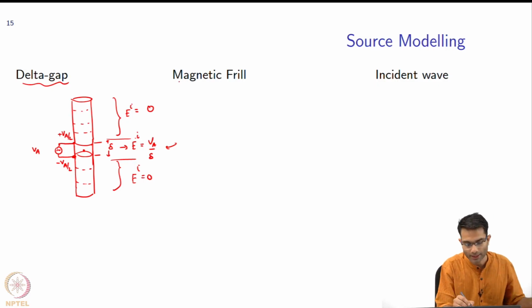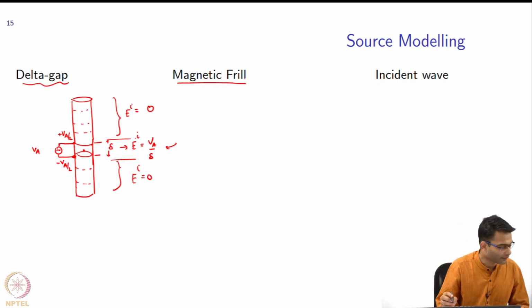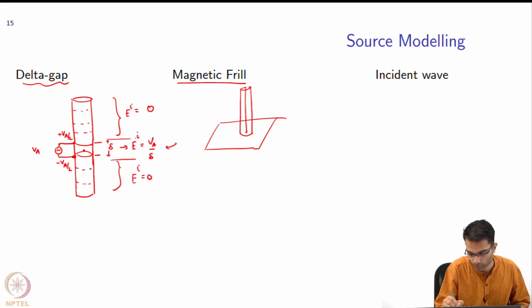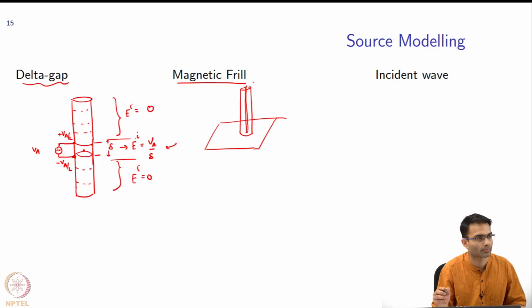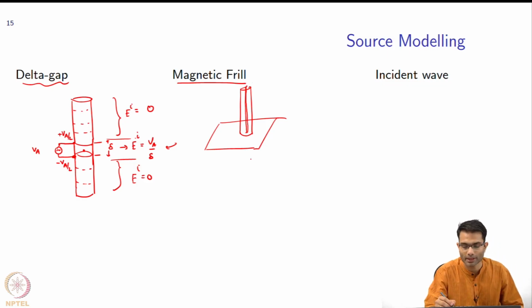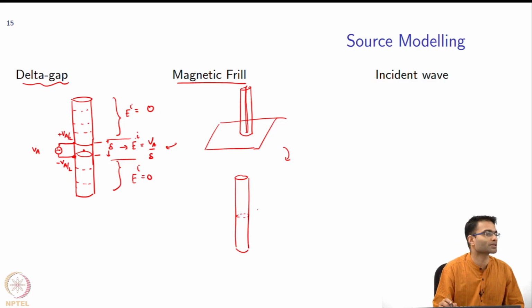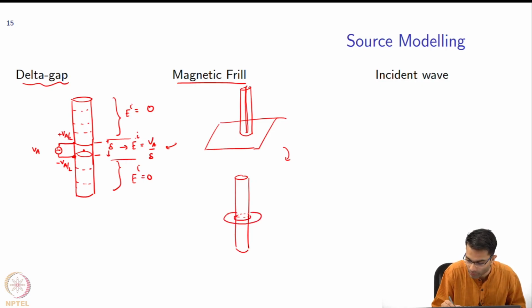Okay. The second thing is what is called the magnetic frill, which is like a ground plane and a coaxial cable sitting on top of it like a monopole. And then by image theory, I replace the ground by the reflection of this. We will not go into the detail, but as a result of doing this I am left with a small magnetic current over here.